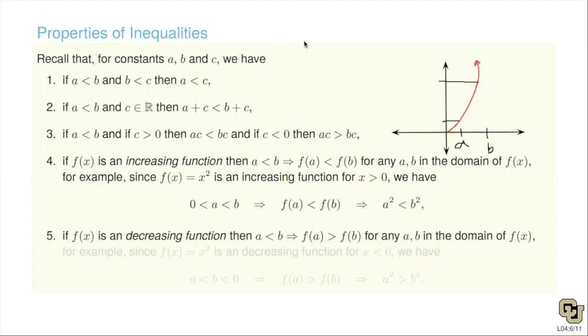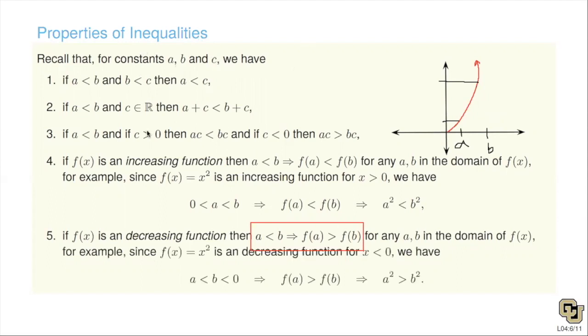For a decreasing function, you remember the definition for decreasing, we have the opposite. If a is less than b, then f of a is greater than f of b. And here I took x squared again for the example, but where x is restricted to be less than 0. Remember that you're looking at the graph from left to right.